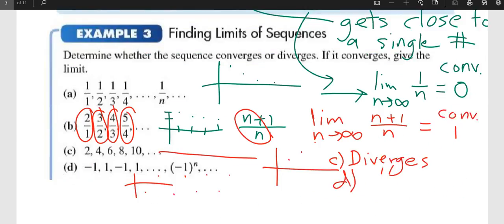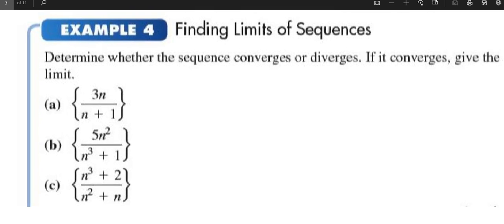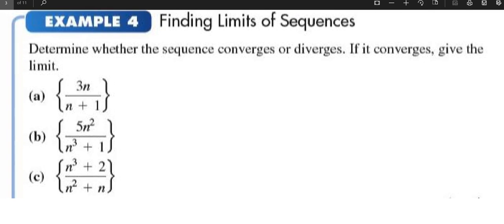Was that example 3? Whew, man, we're zipping through this. All right. Determine whether they converge or diverge. I'm hoping that you're going to say, okay, we're taking the limit as n goes to infinity. Same thing for the next one, limit as n goes to infinity. Don't know why they didn't write this notation.